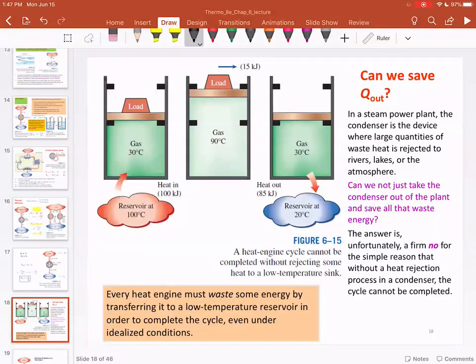The answer to that question is you can try to recapture or harvest the energy, but many times it is not possible to harvest energy because the second law of thermodynamics dictates that you need to have some heat rejected so that the engine can work in a cyclic fashion.